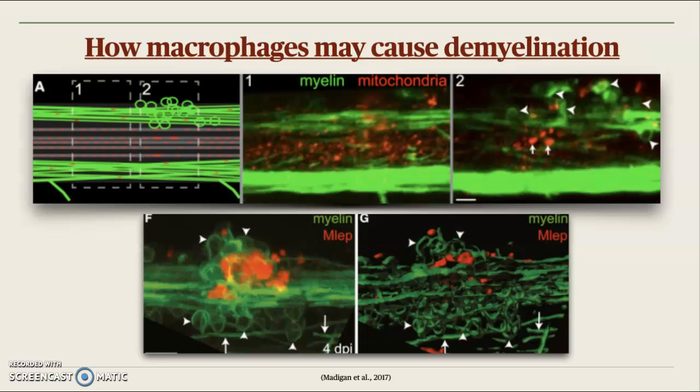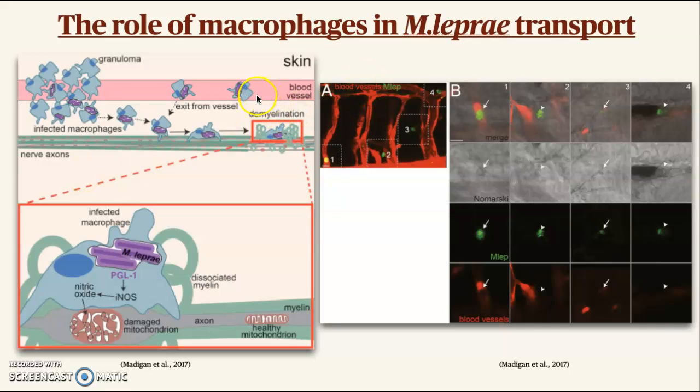Well, let's go to the previous slide here. After the macrophages consumed the M. leprae, they would travel by blood vessels, which you can see here on the right, that this fluorescent M. leprae is being carried away through blood vessels.